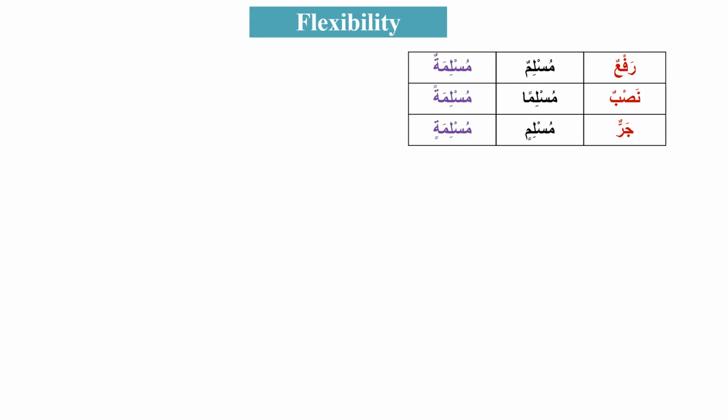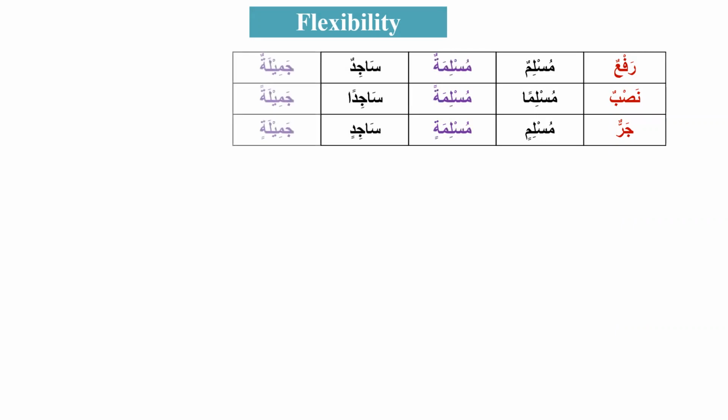Same is with Muslimatun, Muslimatan, Muslimatin. No confusion when you are telling the status. I'm just giving you some examples. Sajidun, Sajidan, Sajidin, Jamilatun, Jamilatan, Jamilatin. I know when it comes to their dual and plural, there could be some confusion with respect to nasab and jar, but at least the singular ones, there should be no confusion while you are identifying the status of a word.